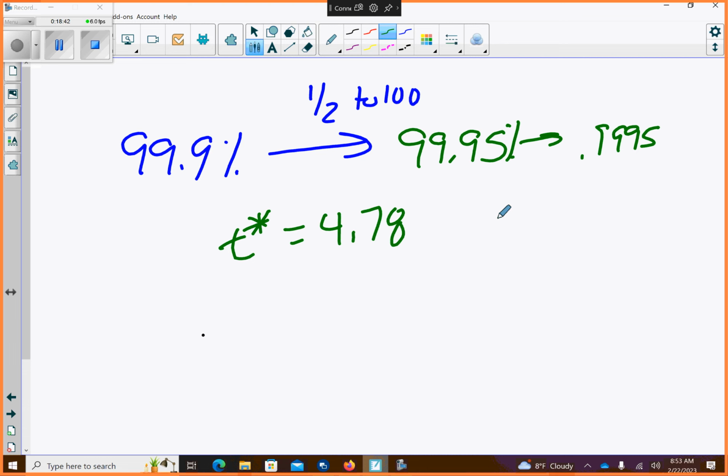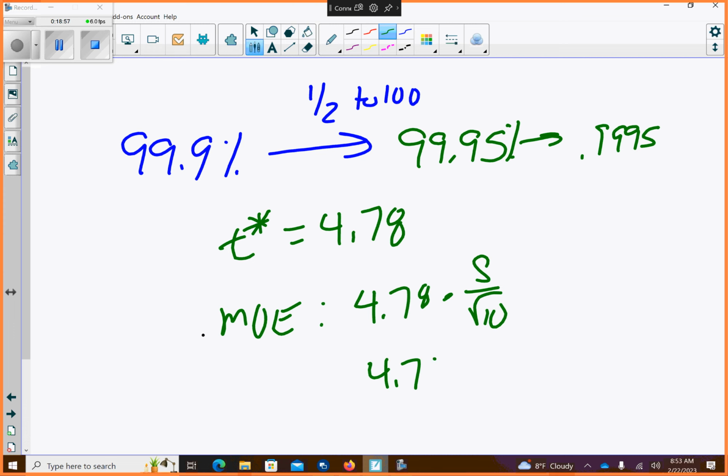Which means, in order to get my margin of error here, I'm going to go 4.78 times the standard deviation over the square root of the sample size. So I got 4.78. The standard deviation, they told us, was 6.8 over our 10 students.